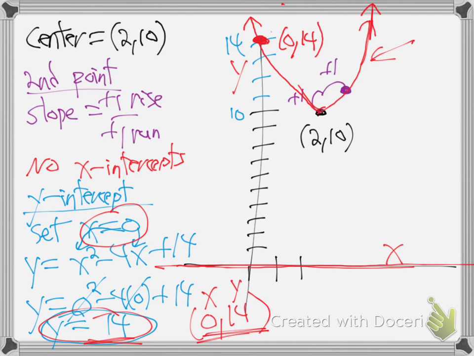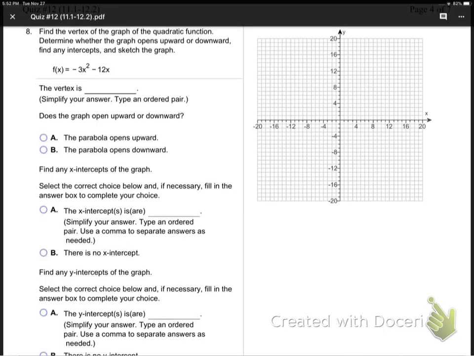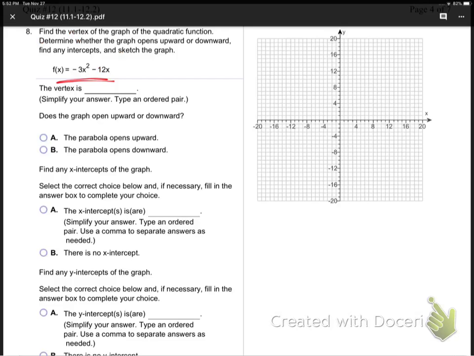There it is. All right, so here we are on number 8. They give me this graph. Let me bring it over here. I'm just going to make that y in the front because that's what it is. Minus 3x squared minus 12x. Okay, so again, here we have no parentheses squared.